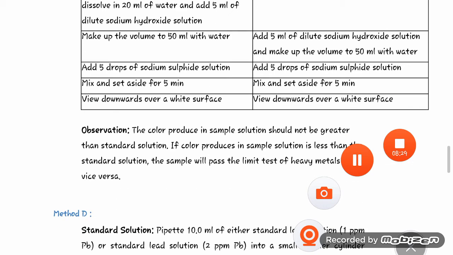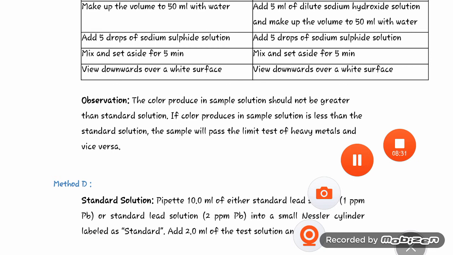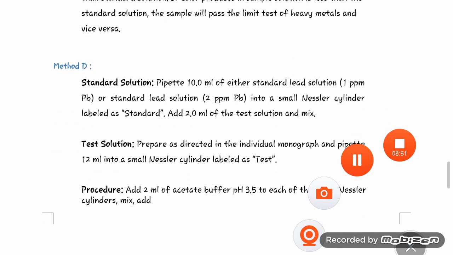View downward over a white surface. Then next is the observation. The color produced in the sample solution should not be greater than the standard solution. If the color produced in the sample solution is less than the standard solution, the sample will pass the limit test of heavy metal and vice versa.